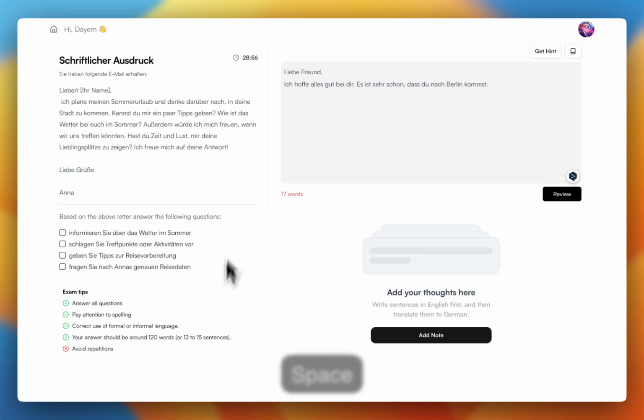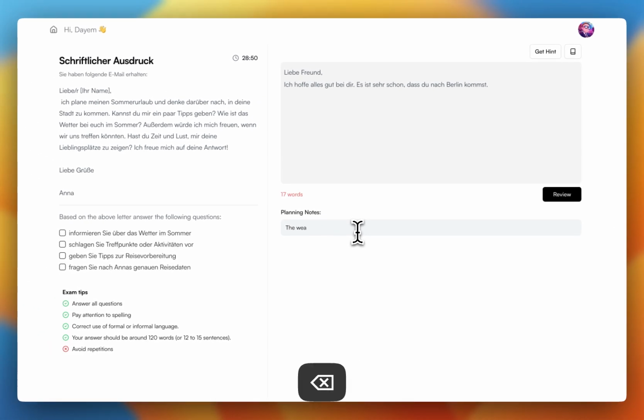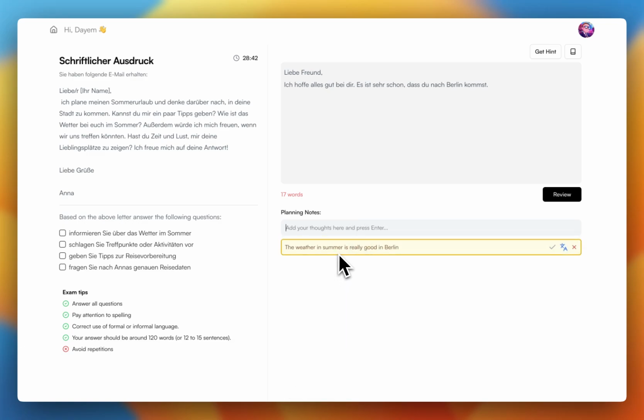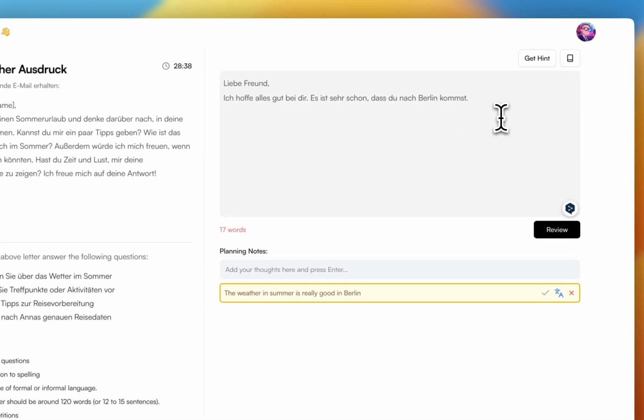And I can even take notes here, so I can say, okay, the weather in summer is really good in Berlin, for example. And these are the notes that I can take to help me structure my text.